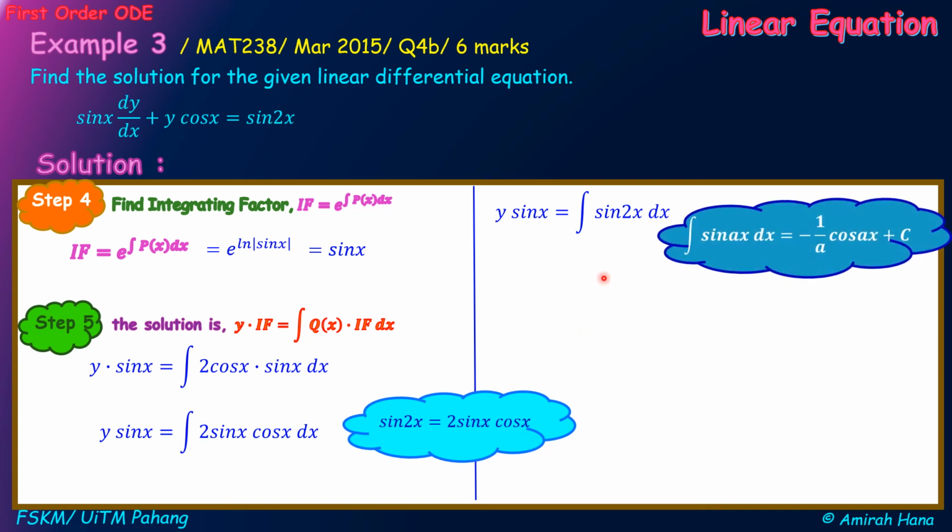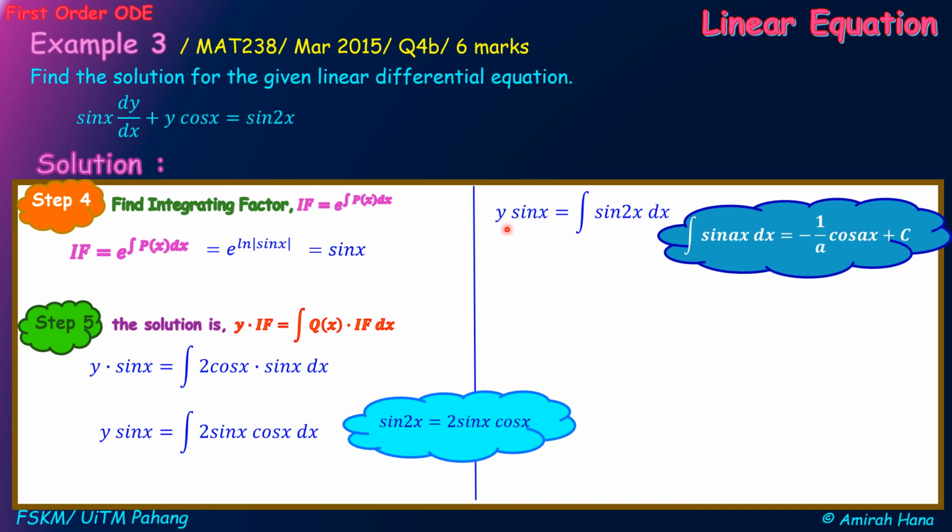After that, from here, we can refer formula integration of sin ax dx equals to negative 1 over a cos ax plus c. A means constant. When we compare from here, our constant a equals to 2.